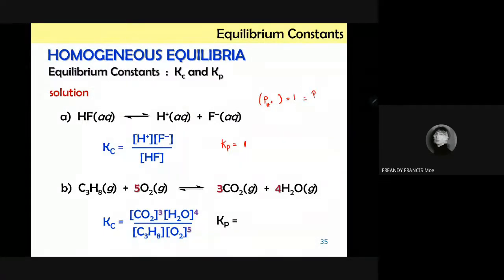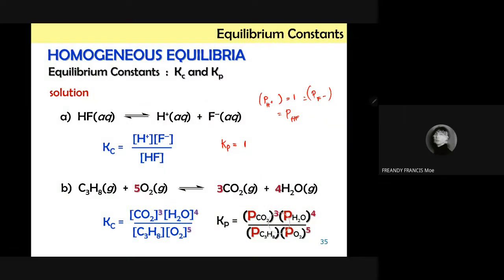Sama dengan partial pressure of F minus sama dengan PHF. So sama dengan 1. Sebab ini semua tiada pressure. Tapi kalau kita tengok Kp yang ini, okay, dia ada nilai. Like that. This will be the Kp.